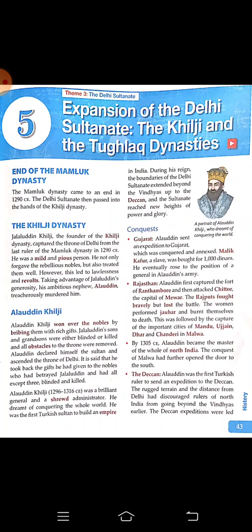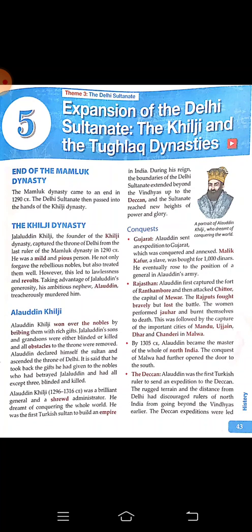The Delhi Sultanate then passed into the hands of the Khilji dynasty. How this happened, we'll come to know gradually. Jalaluddin Khilji, the founder of the Khilji dynasty, captured the throne of Delhi from the last ruler of the Mamluk dynasty in 1290.